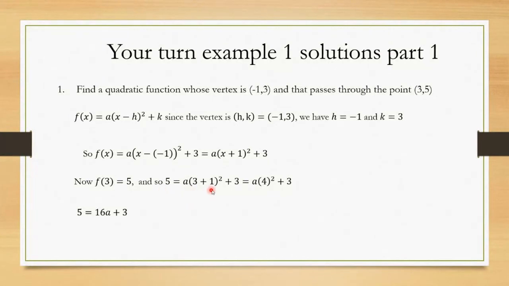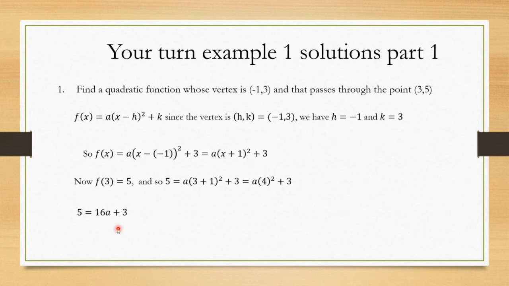So we have this equation, and if you simplify the right-hand side, you get a times 4 squared plus 3, which is 16 times a plus 3.